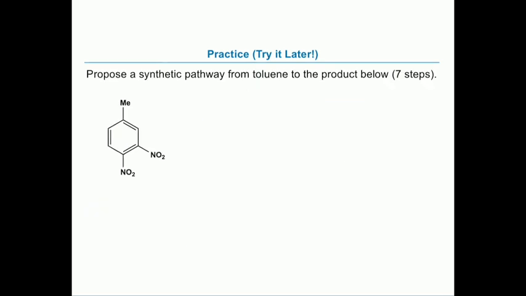Okay, for our next one, this takes a number of steps. There's a whole bunch of different geometric manipulation, and we're going to start from toluene. Okay, now the first thing we have to do is nitrate, so HNO3 and sulfuric acid.